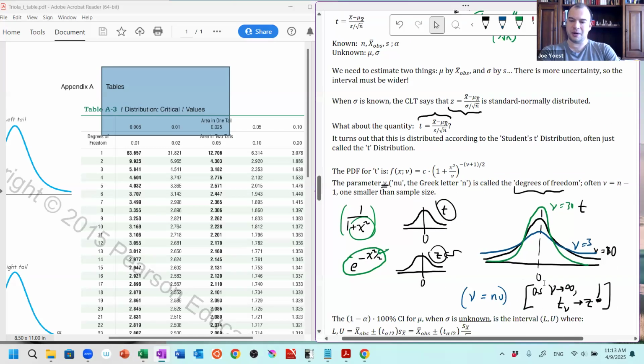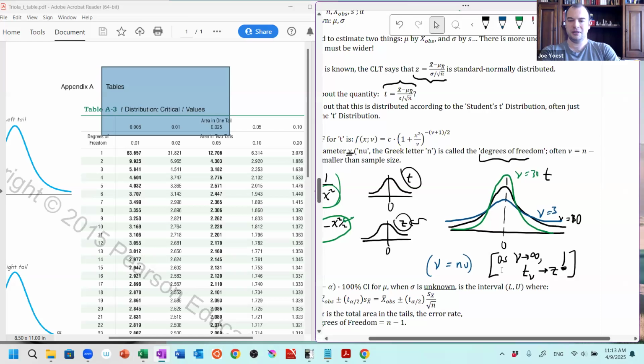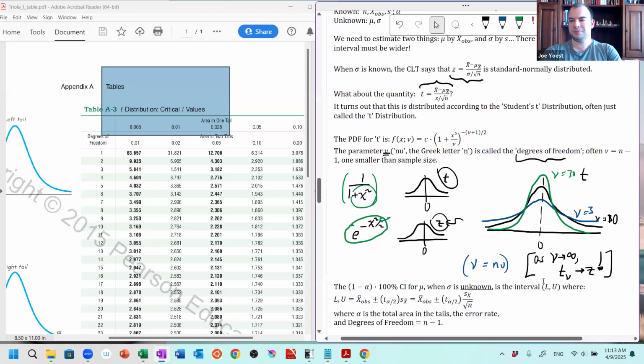So that's a nice property to remember: as the parameter for t gets larger and larger, that means sample size gets larger and larger, and t starts to look more and more like z. Often nu, our parameter, is n minus 1. Often it's 1 smaller than the sample size.